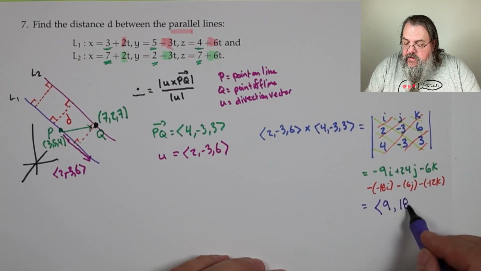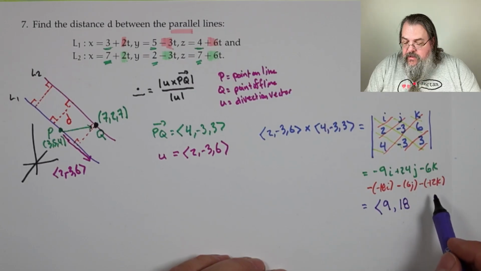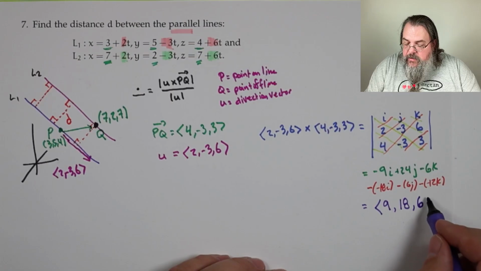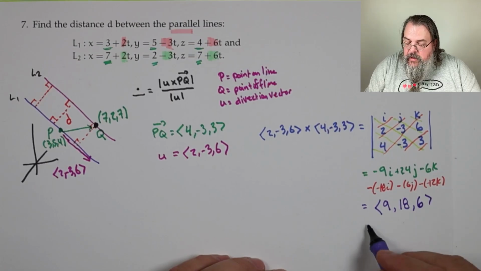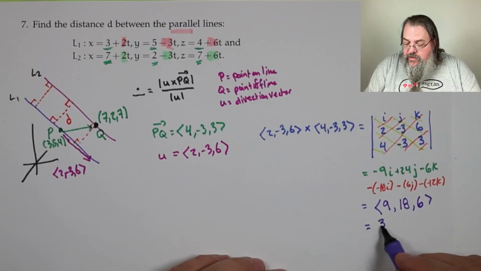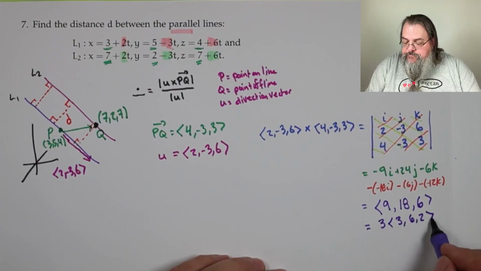And then -6 plus 12, that's 6. Okay, there we go. 9, 18, 6, which, by the way, these all have factors of 3. So that's 3 times 3, 6, 2.